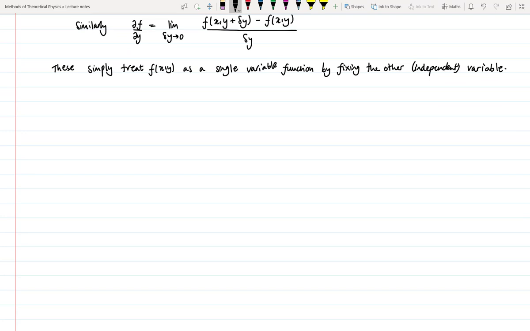Having looked at real multivariable functions, we're now going to turn to complex functions of a single complex variable.